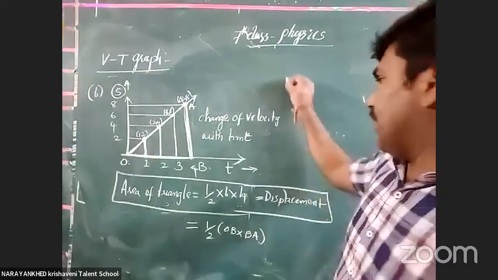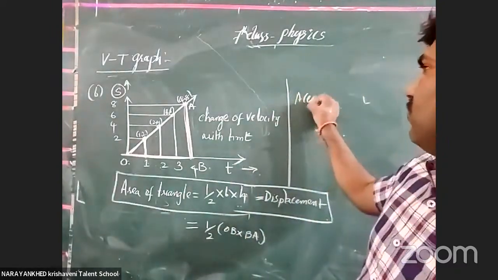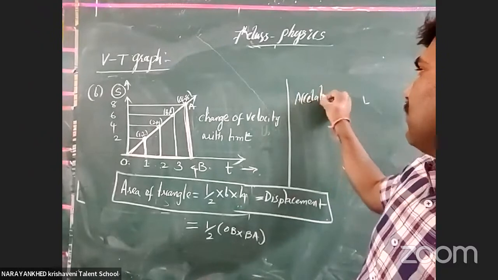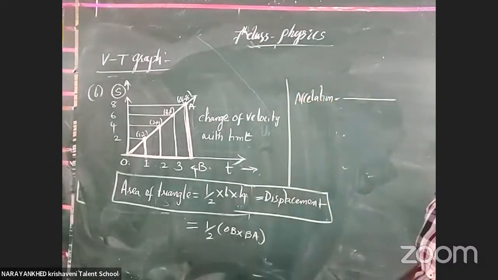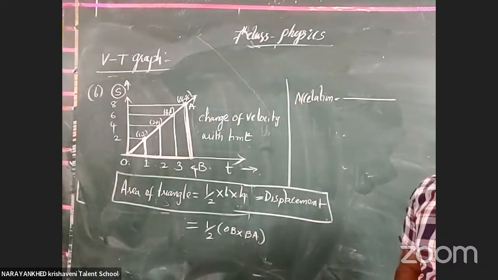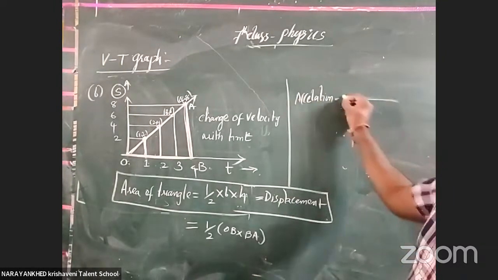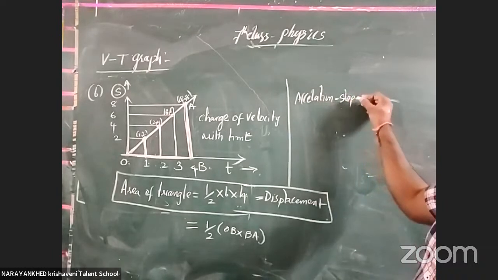Acceleration is equal to the slope of the line.